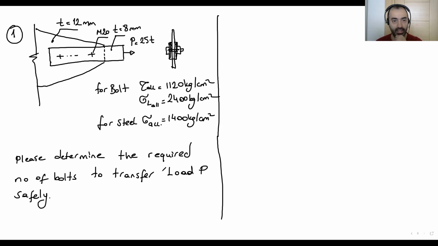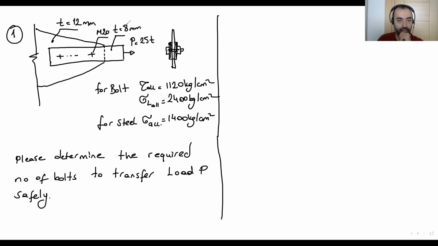The force P is 25 tons, and the thickness of the plates and the bolt diameter are given on the sketch. Question asked to us: how many bolts do we need to transfer this 25 tons?